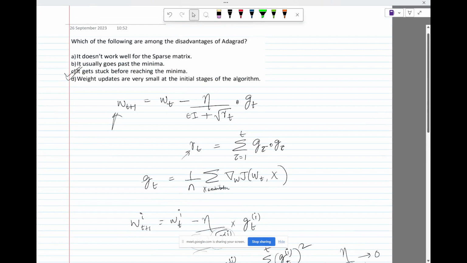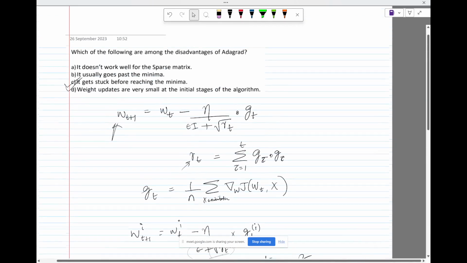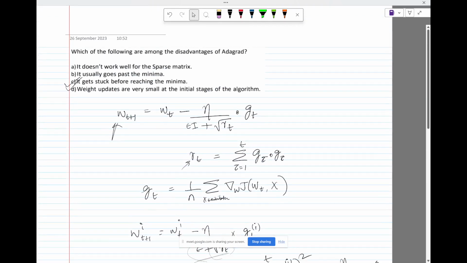It usually goes past the minima. So as the gradients are accumulating, the learning rate is decreasing. So it won't go past the minima because you are decreasing the learning rate with increasing time steps.